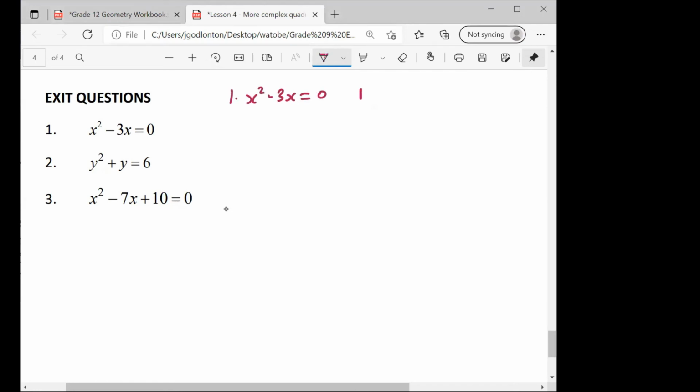I'm going to take out my highest common factor of x. So x, and then in brackets, x minus 3 equals 0. So I'm going to get my 2 answers for x. This is my first one, x equals 0, or x minus 3 is 0, which means x is 3. Those are my 2 answers.